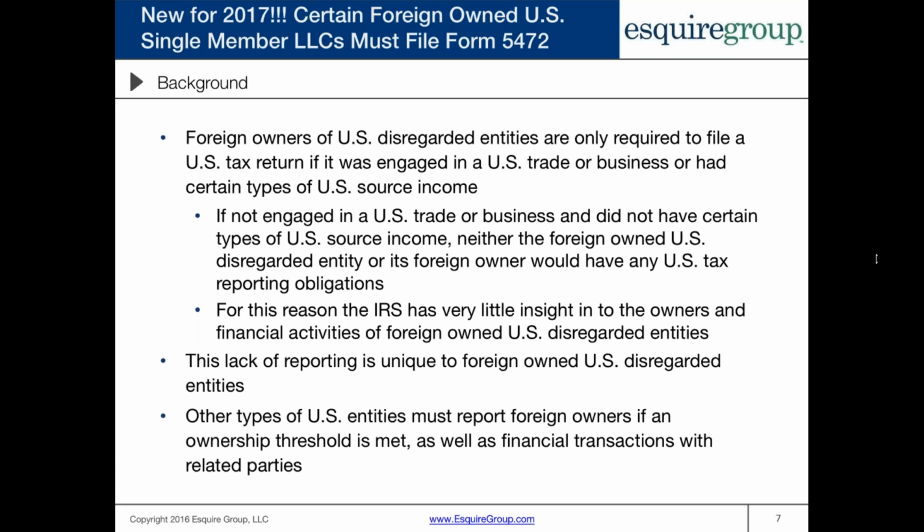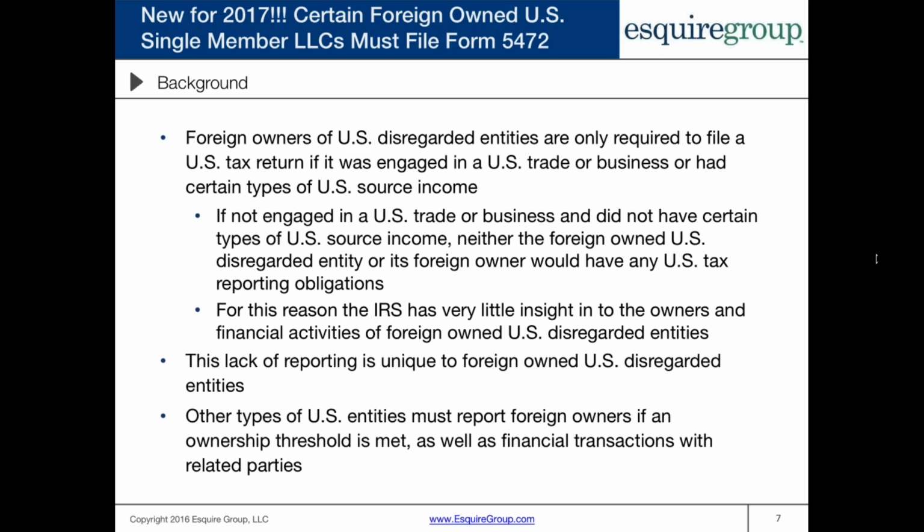And so for this reason, the IRS has very little insight into the financial activities or ownership structures of foreign-owned U.S. LLCs. A perfect example of this would be, let's say we had an Australian that owned a U.S. LLC, and this U.S. LLC was a disregarded entity, and this disregarded entity had no assets or income or anything in the United States.